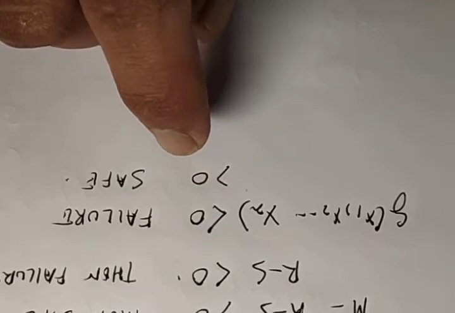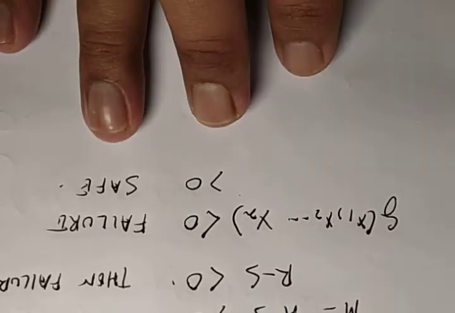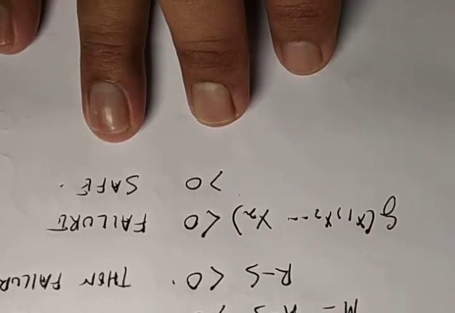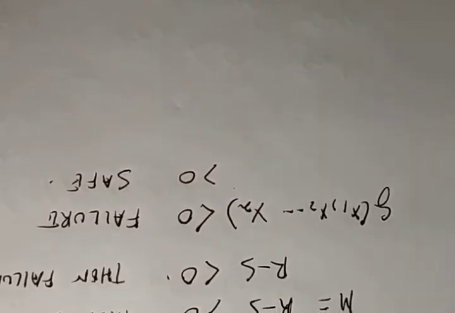Now how do we determine the probability of failure? That is the important thing, because if I can find the probability of failure, I can find the probability of safety, or the reliability of the structure.